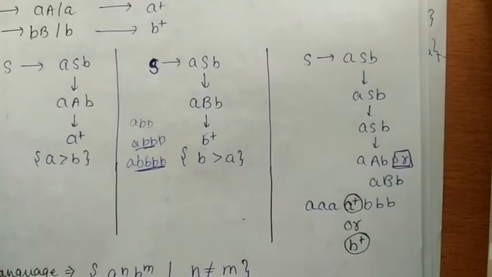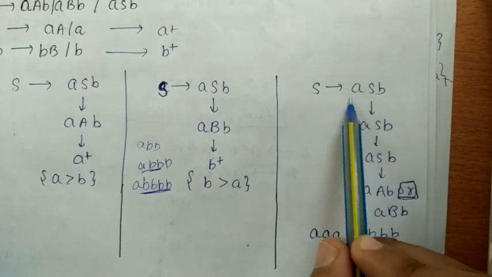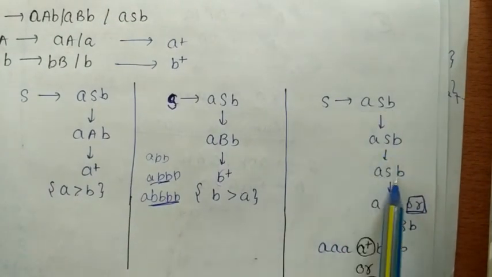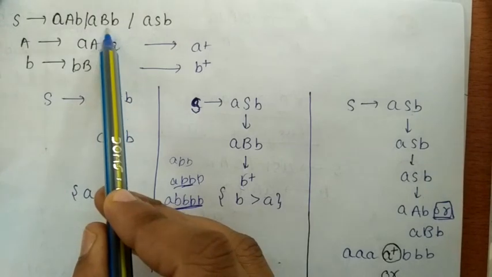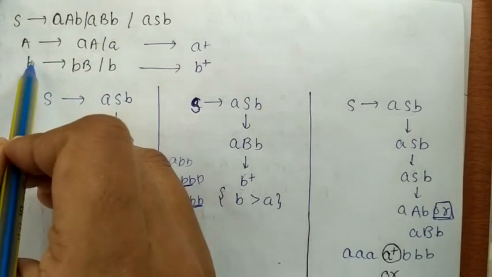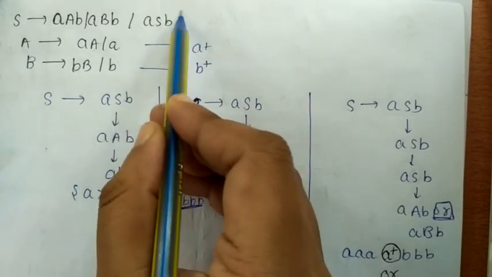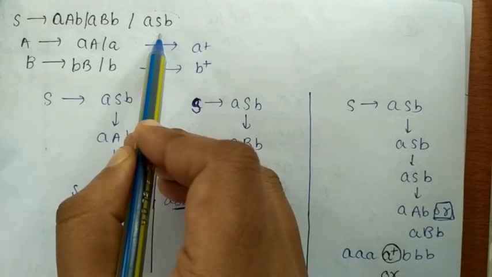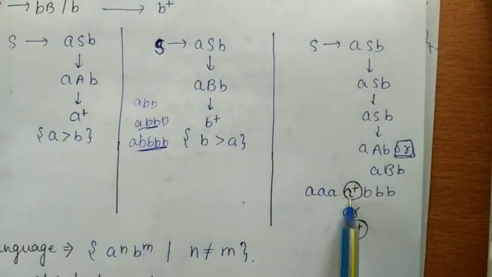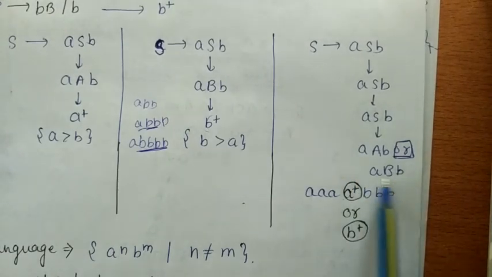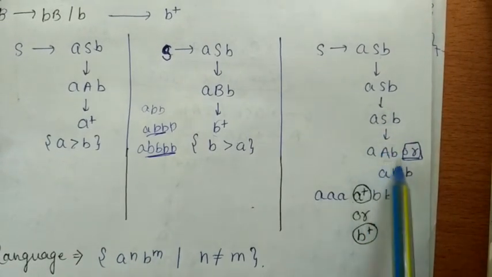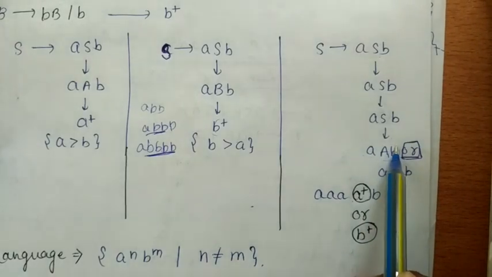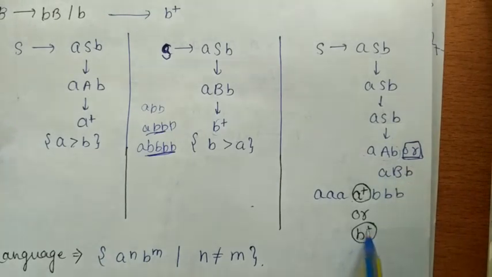Now if you replace this production by itself, S as ASB, and then again ASB, at last you will have to replace by this or this, because in the production B we have the terminals. So when you replace S by ASB, at last you either replace by AAB, which generates A plus, or by ABB, which generates B plus. When we replace by AAB, it will generate more A's, and when we replace by ABB, it will generate more B's.